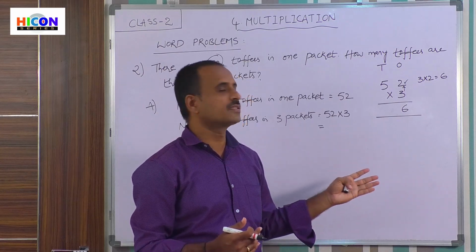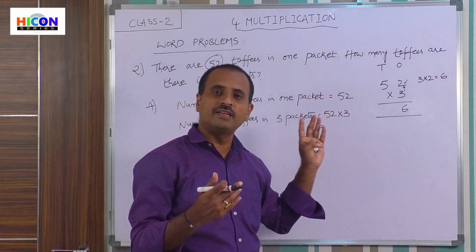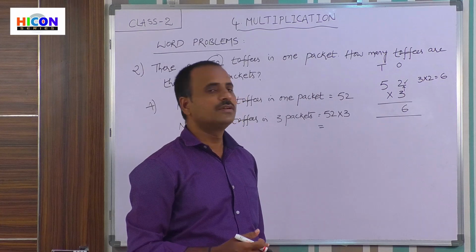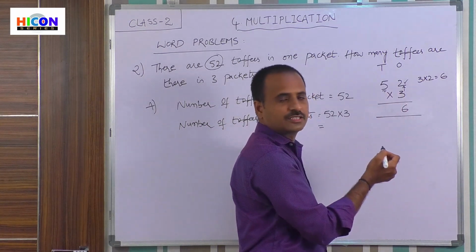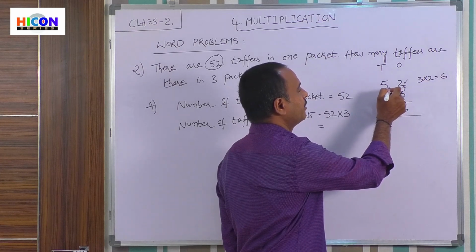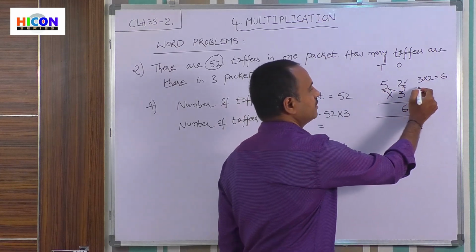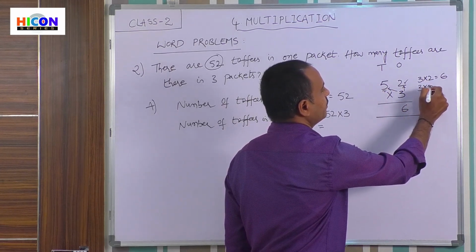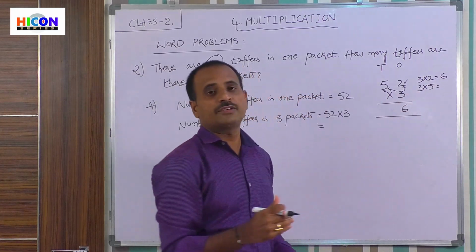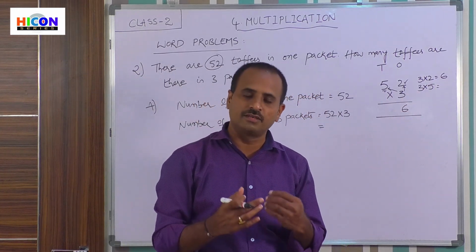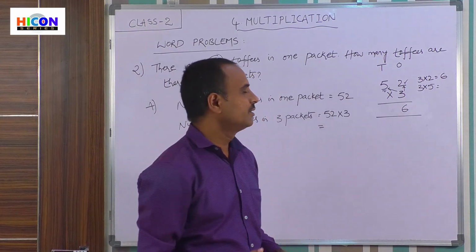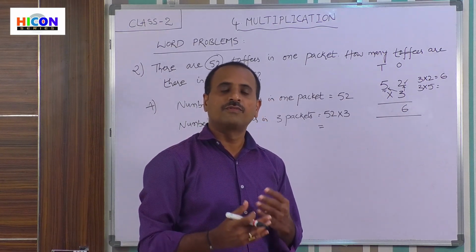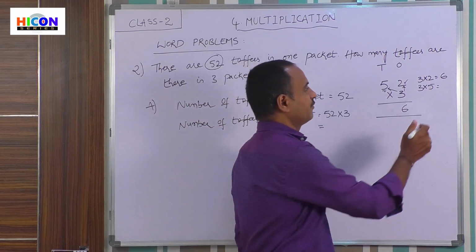Now go to 10's place and multiply the digit present in 10's place with 3. Which digit is present in 10's place? 5 is present in 10's place. Multiply 5 with 3, that is 3 into 5. Children, in the table of 3, how much will you get? 3 fives are 15.